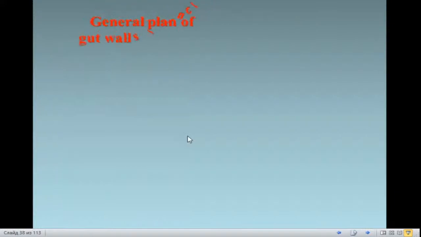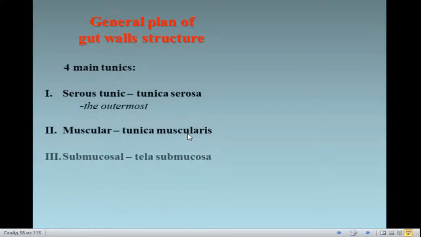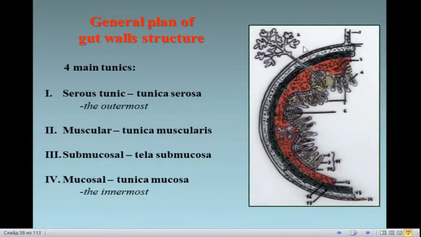Actually, the food is not absorbed in the esophagus, and that is how the wall of the esophagus is seen in the light microscope.